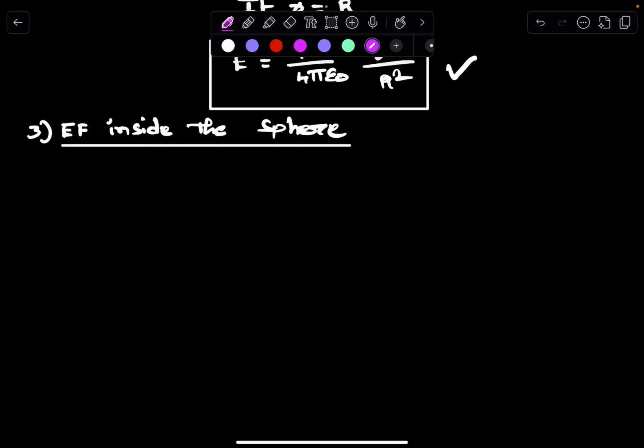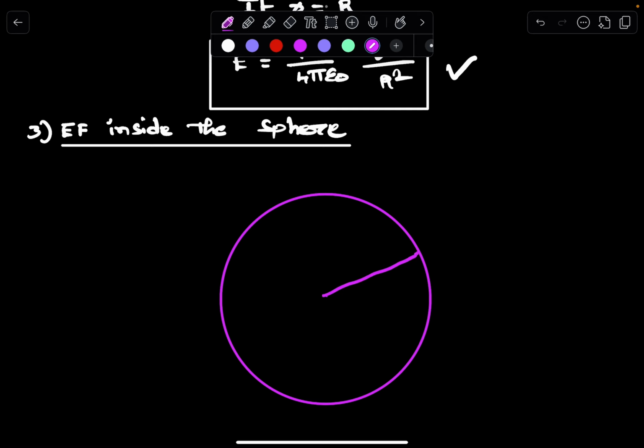Let's see the diagram. First of all, I'm taking a hollow sphere diagram of radius capital R, and a positive charge is uniformly distributed over the surface.